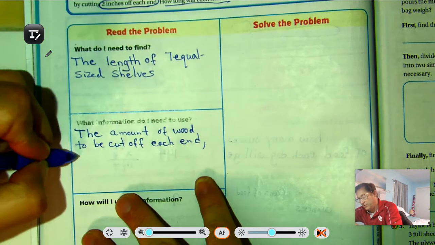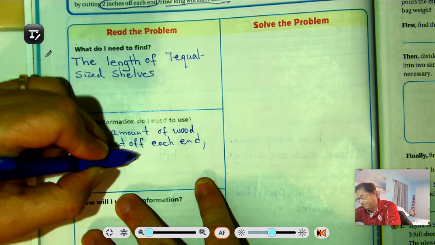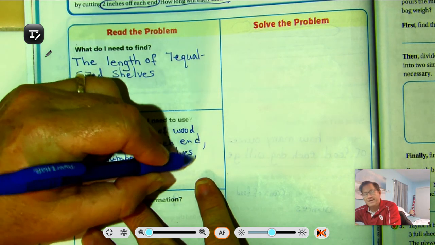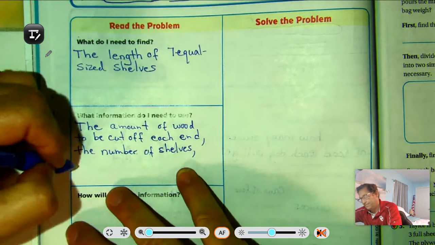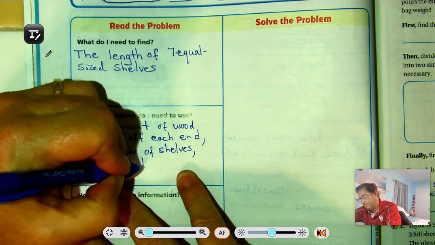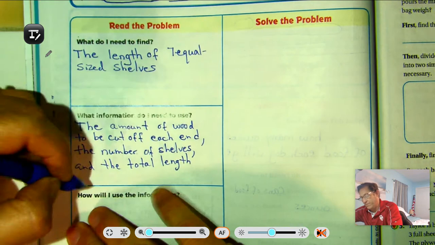We also will need to know the number of shelves. And the total length of the remaining plank.